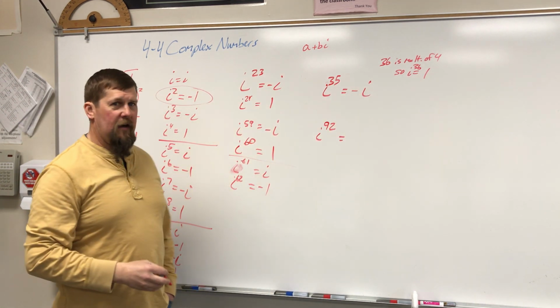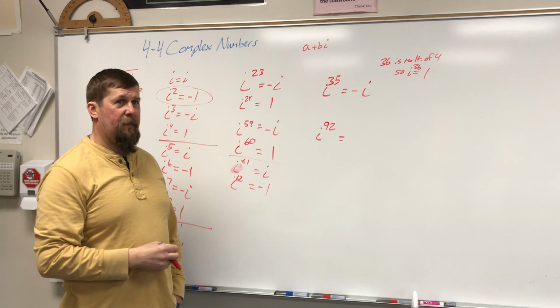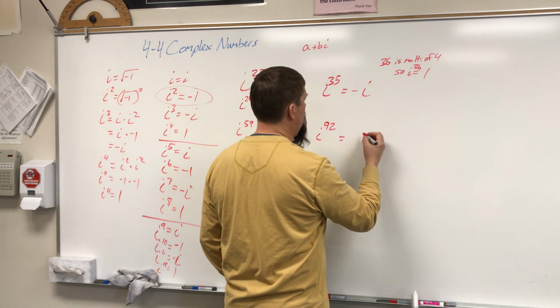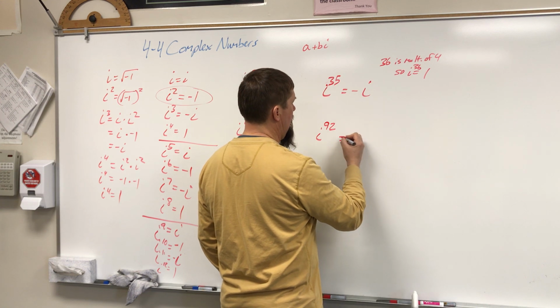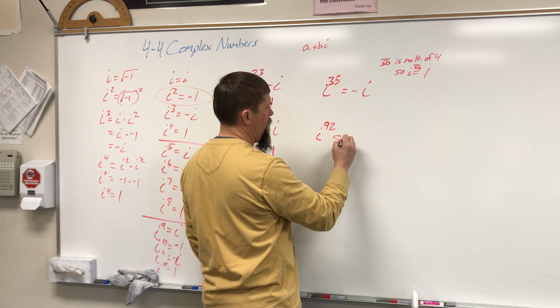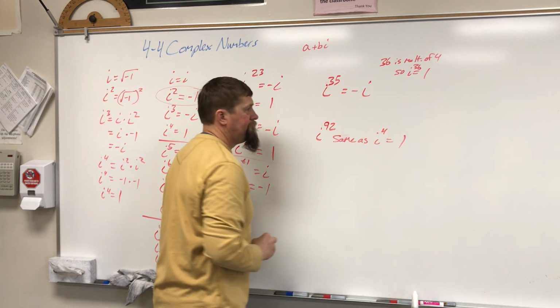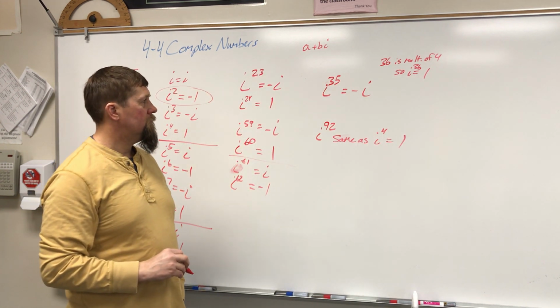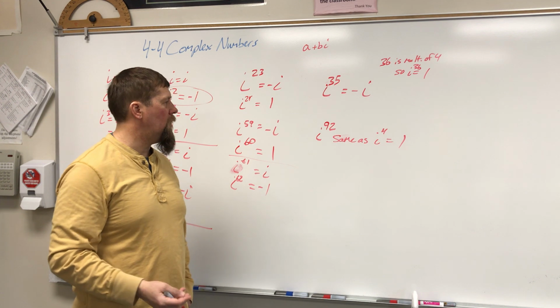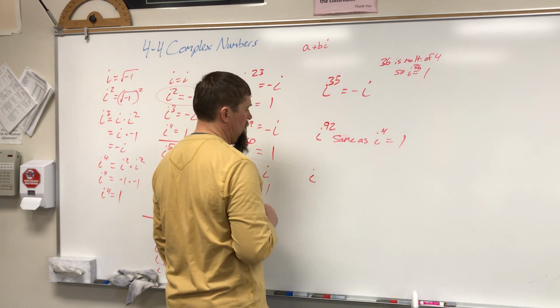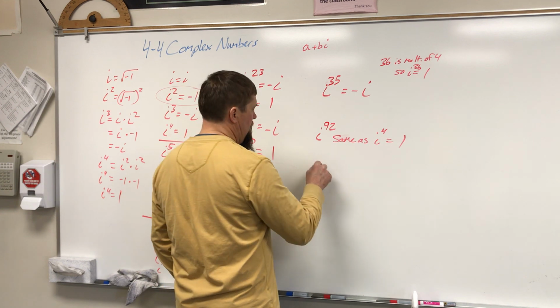i to the 92nd. Divide that by 4. Sure enough, that is a multiple of 4, so this is the same as i to the 4th, which is just 1. Okay, if I had given you one more, let's say i to the 70th.